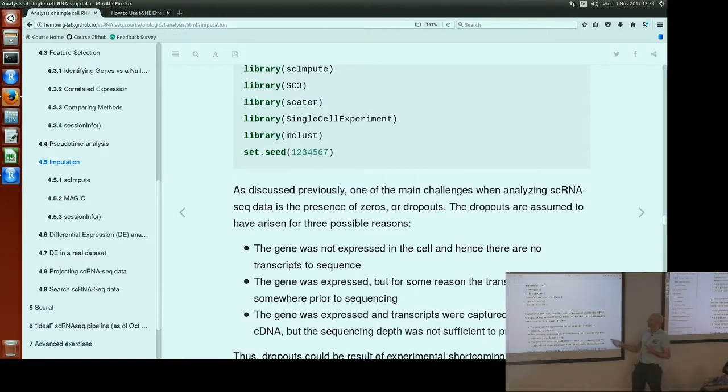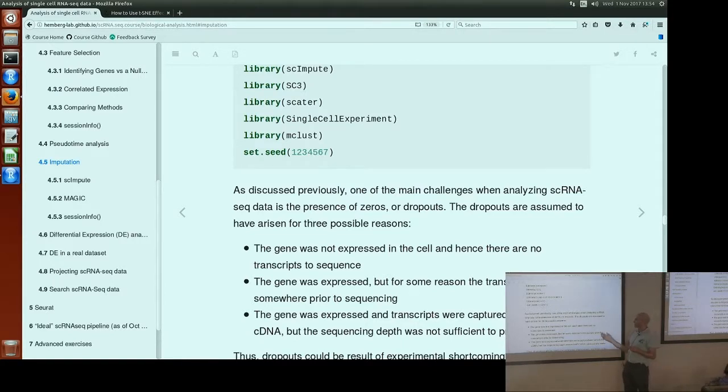Number 1 is that it's actually a real zero. In this cell, this gene was not expressed at all, and hence the 0 is an accurate representation of the fact that the transcripts were absent.